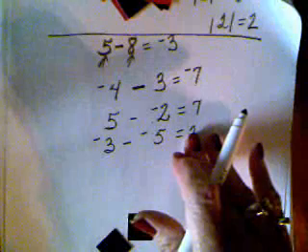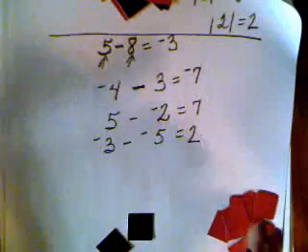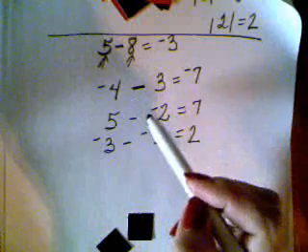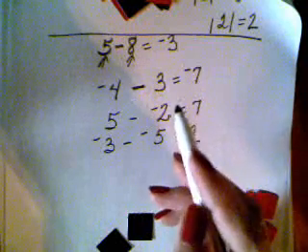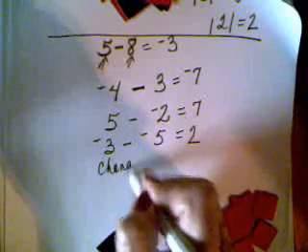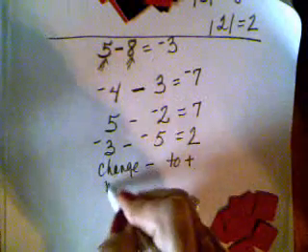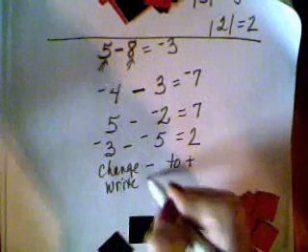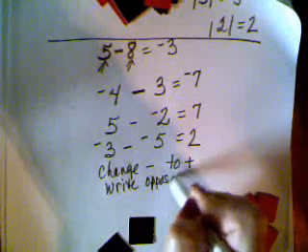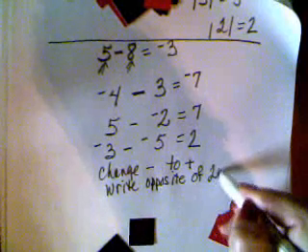So I did not in any way give out any rules. You know the rule is change subtraction to addition by writing the opposite of the second number.